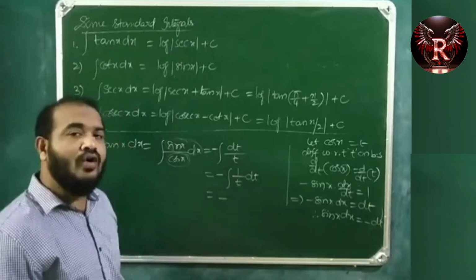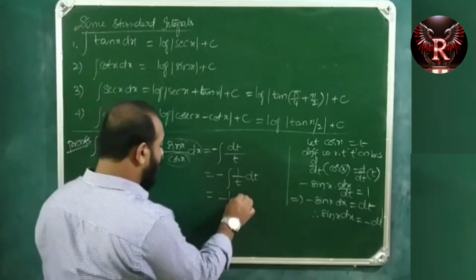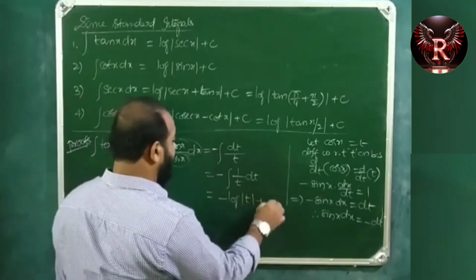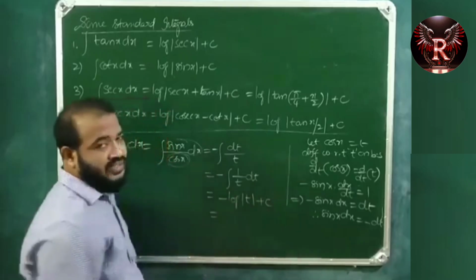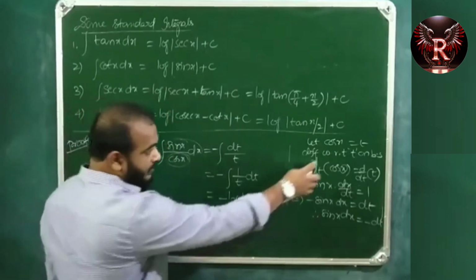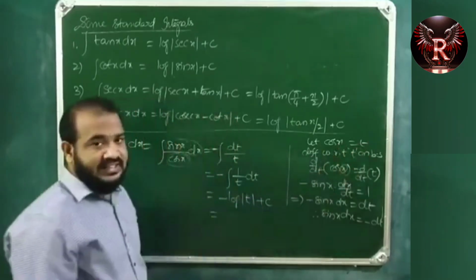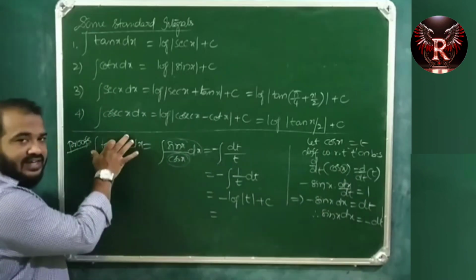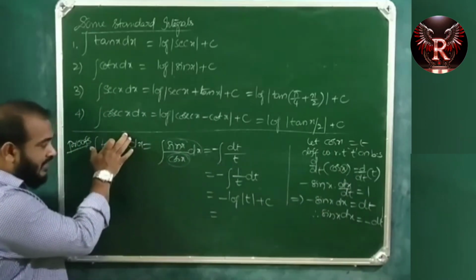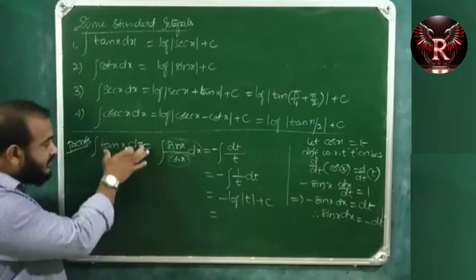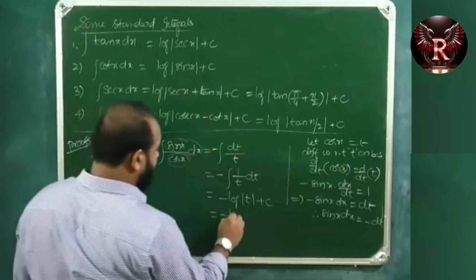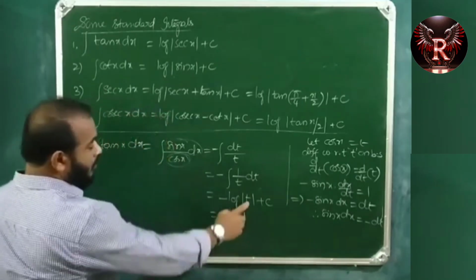It is of the form integral 1 by x dx. We know it is log mod x. So this is minus log modulus of t plus constant of integration c. But this is not enough. T is to be replaced back by cos x, because the given integral is in terms of x. So minus log, what is t?